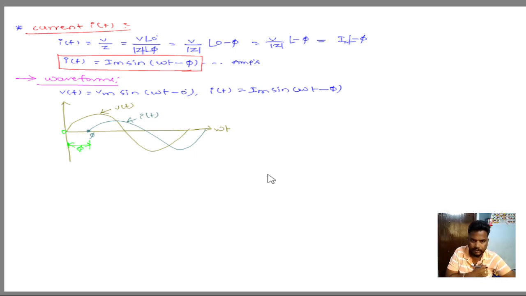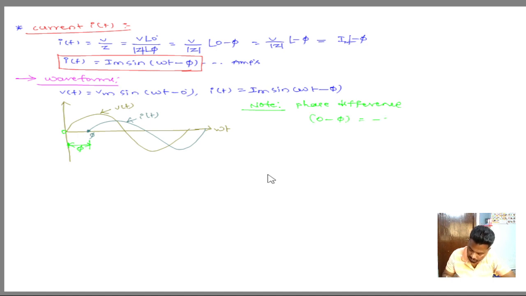Note the phase difference between these two. To calculate the phase difference, take the reference minus the second one. What is the reference phasor? The voltage phase is 0 and the current phase is minus phi.